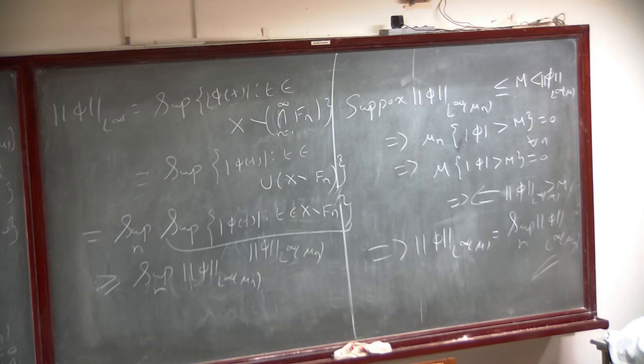Pi tilde f is just the diagonal sum of pi mu n. This is equal to the supremum of the norms.